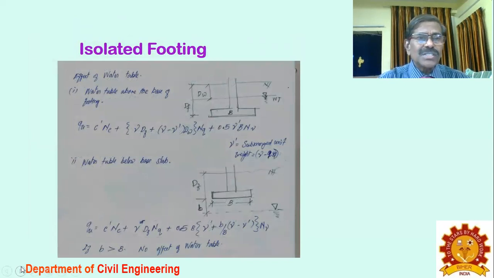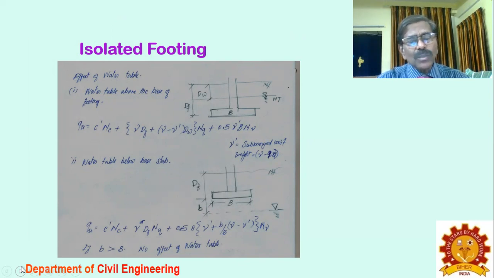We're coming to the RCC footing, the isolated footing. The water table above the base, the fluctuation of the water table, also influences the design of the footings. So one small aspect we will cover here before we go to the RCC footing designs.